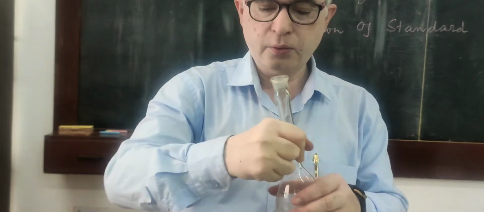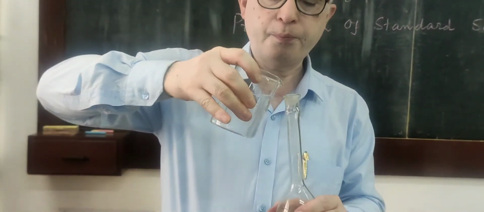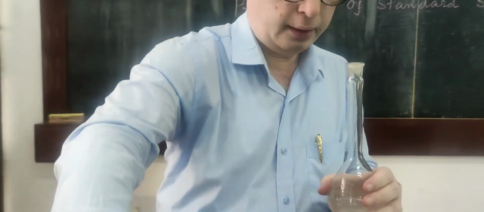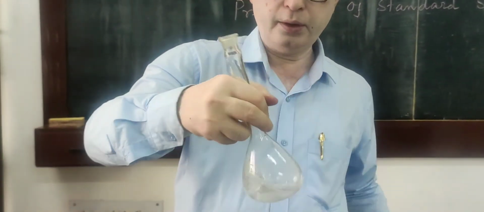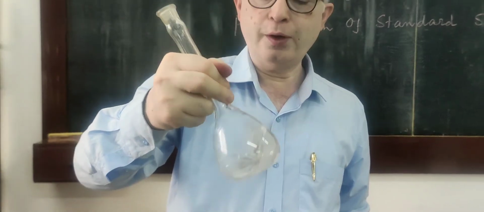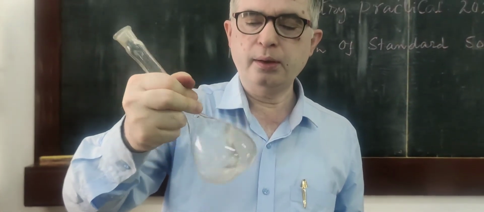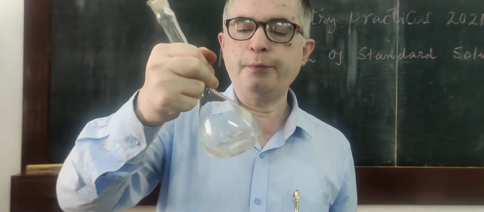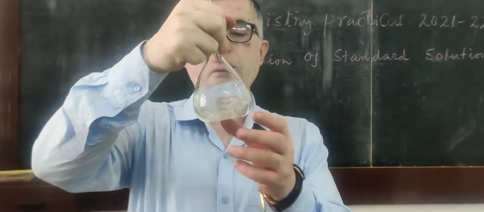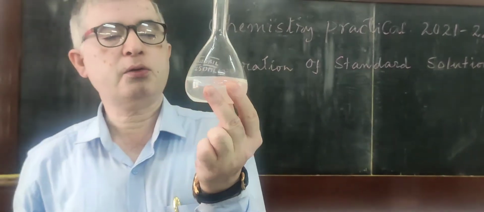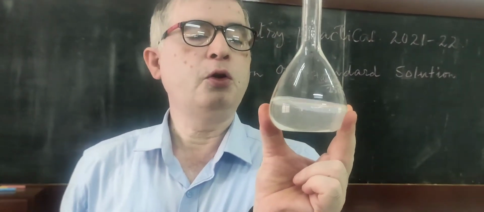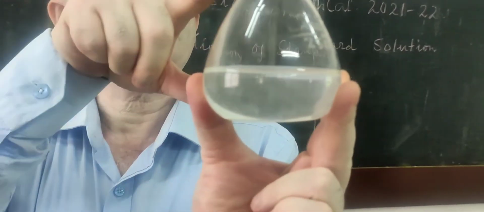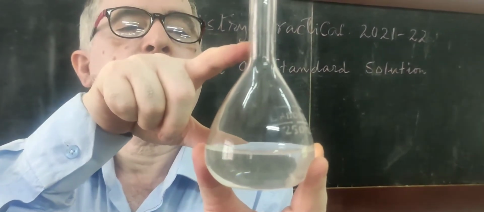A little more water is required to dissolve it properly. When the entire amount of the salt is dissolved, then you have to add water carefully up to the mark of 250 ml. You see that it is completely soluble, no particle is visible at the bottom, and the 250 mark is lying over here.